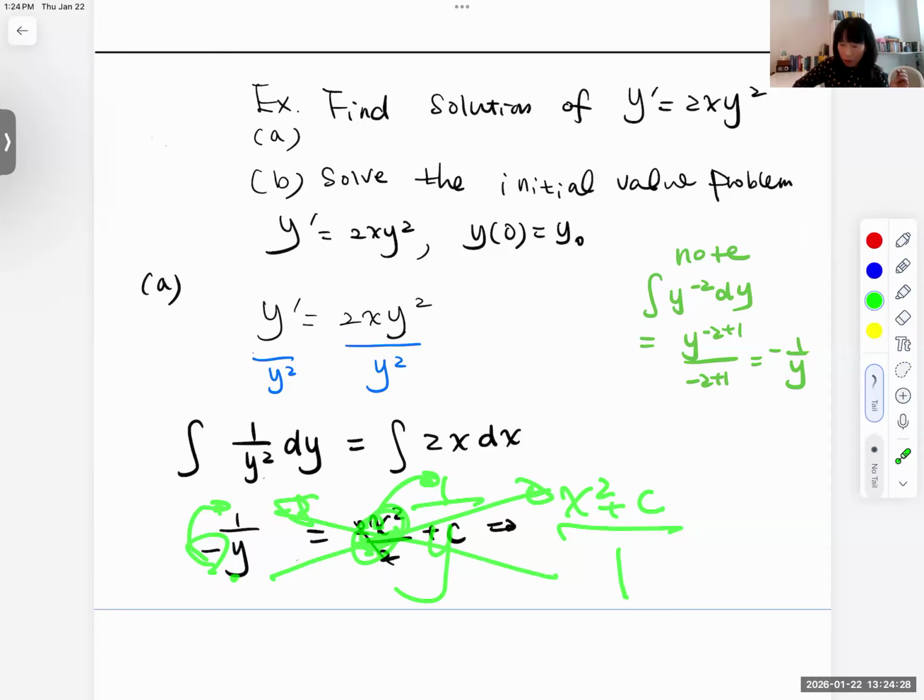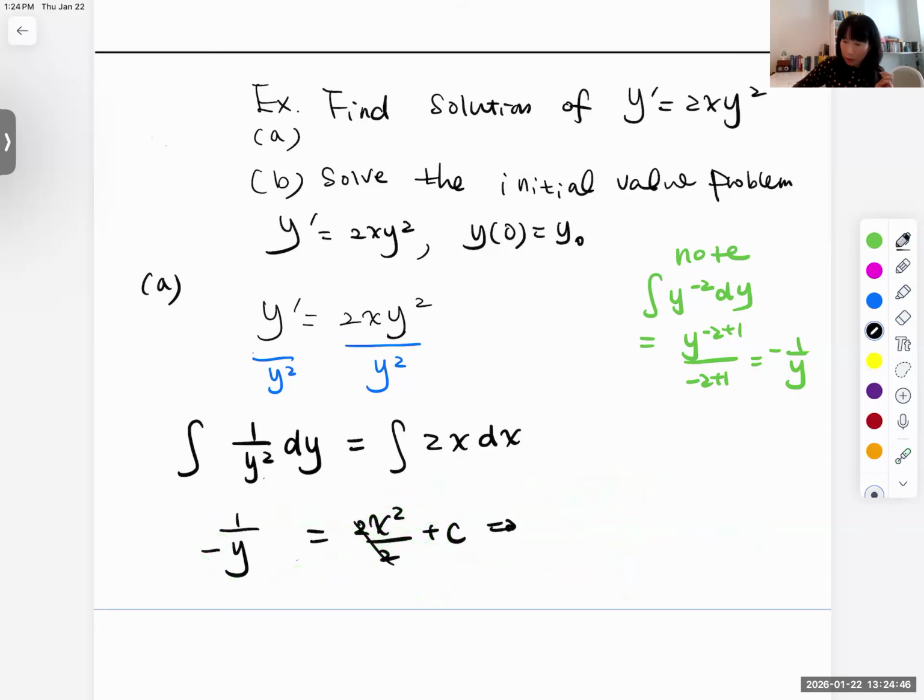So we have y times that equal to negative 1. Then we need to solve for y, so divide both sides by x squared plus c. Eventually we get y equal to negative 1 over x squared plus c. That's how we get it.